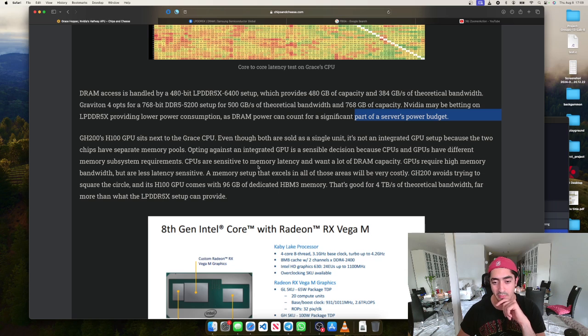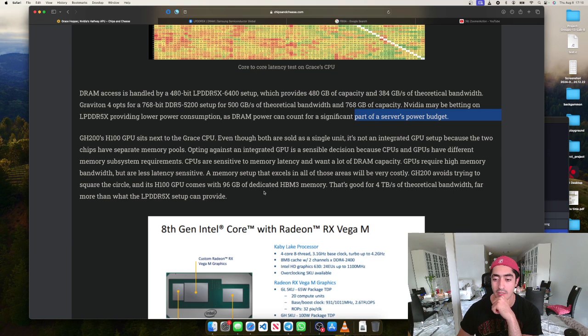CPUs are sensitive to memory latency and want a lot of DRAM capacity. GPUs require higher memory bandwidth but are less latency sensitive. A memory setup that excels in all of those areas will be very costly. GH200 avoids trying to square the circle, and its H100 GPU comes with 96 GB of dedicated HBM3 memory.